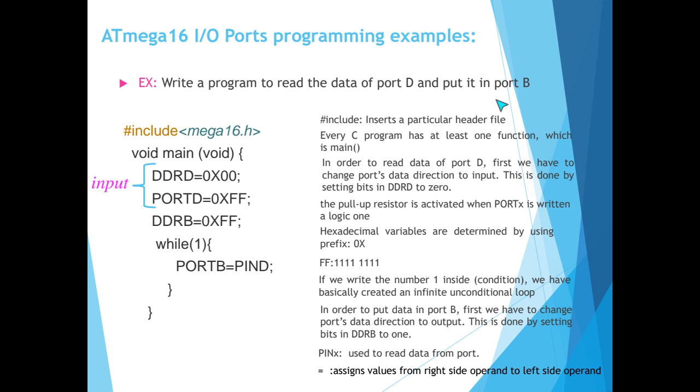To configure all of the bits as output, we need to use the DDR register, but for port B. As you see, DDR B is equal to 0x double F. For configuring each port as output, we should write logic 1 for all of the bits of that port.